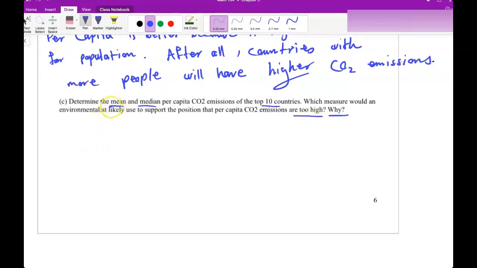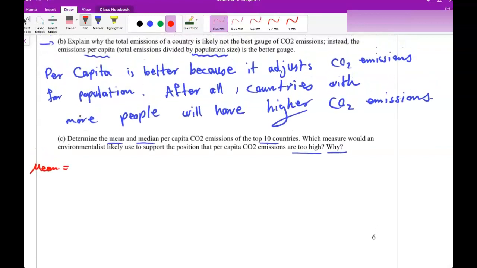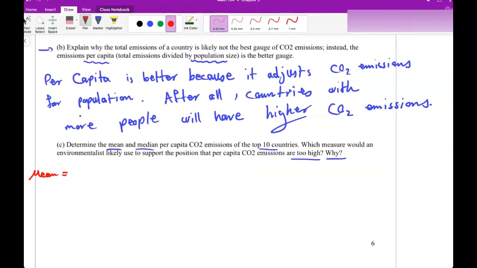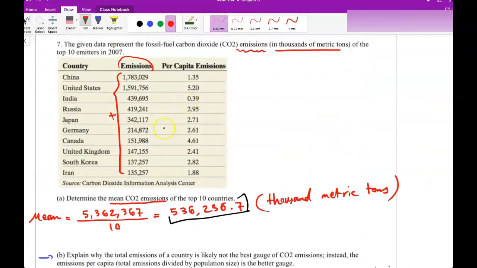Okay, so first finding the mean and median.